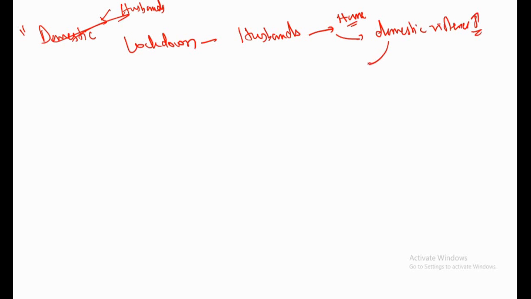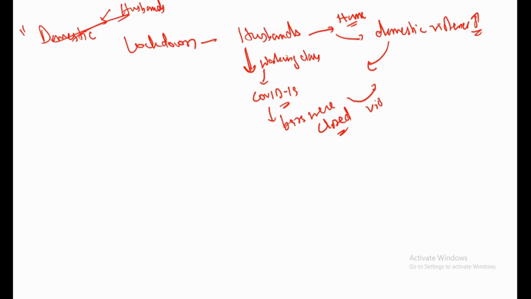Domestic violence also increased because husbands of the working class could not drink alcohol due to COVID-19. Bars were closed. So when they could not drink alcohol, it means they had violent tendencies. The domestic violence also increased due to this.